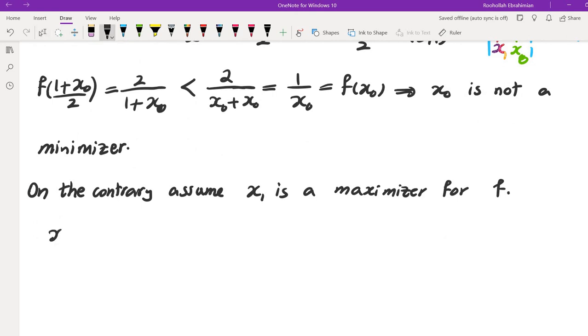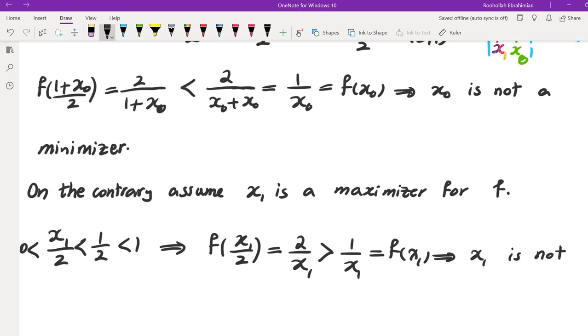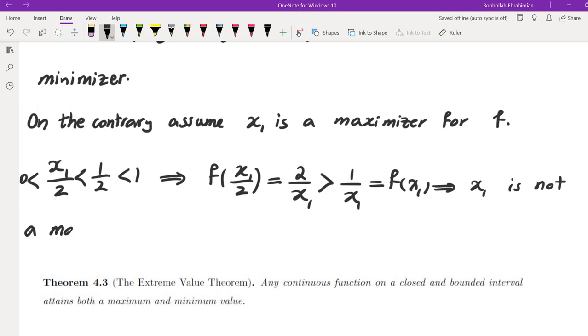So x1 over 2 is positive and is less than 1, which means if I look at f of x1 over 2, I would get 2 over x1, which is more than 1 over x1, and that's f of x1. So that means x1 is not a maximizer for f. So this completes the proof.